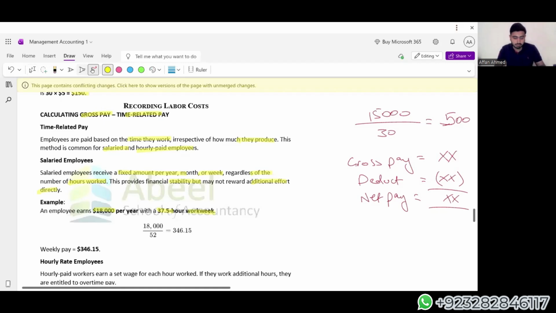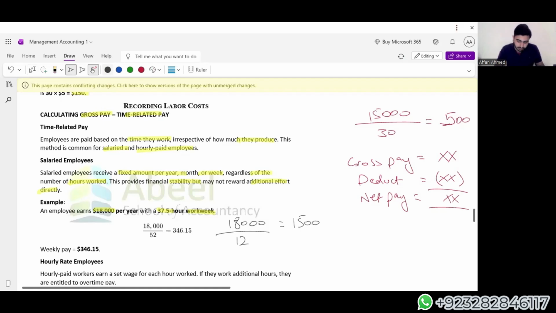Now let's just break it down a bit more. If I'm saying that the employee is earning $18,000 per year, I can just bring it down to per month. Yes, 18,000 divided by 12. So the per month payment is $1,500.